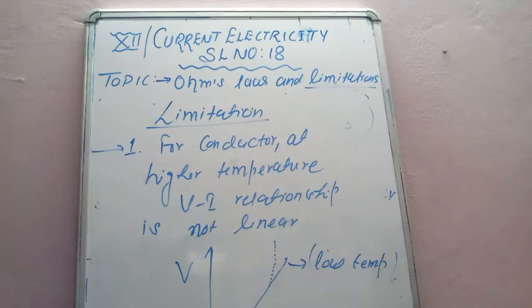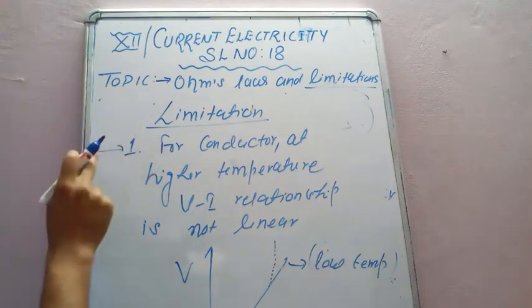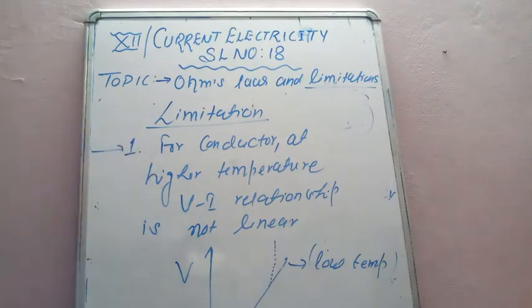Under the limitation of Ohm's law, at lower temperature up to a certain range all the conductors obey Ohm's law, but when the temperature rises beyond that range, the relation will not be purely linear.